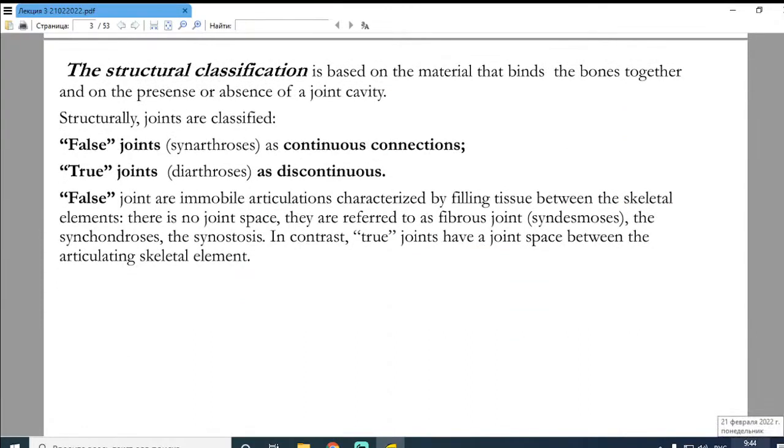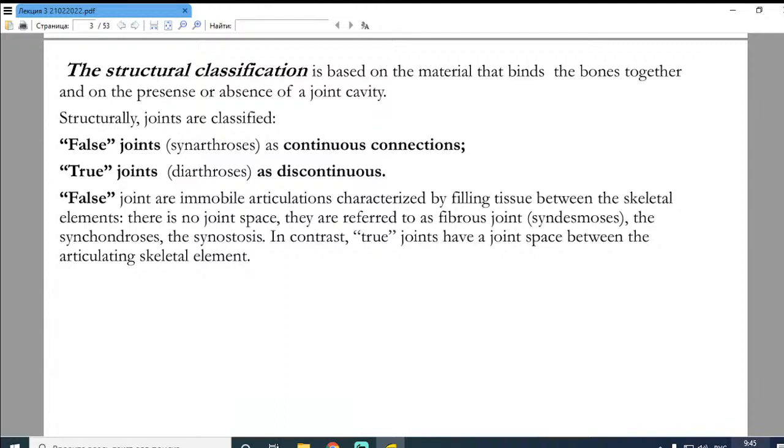The structural classification is based on the material that binds the bones together and on the presence or absence of a joint cavity. Structurally, joints are classified as false joints, synarthroses, which are continuous connections, and true joints, diarthroses, which are discontinuous.